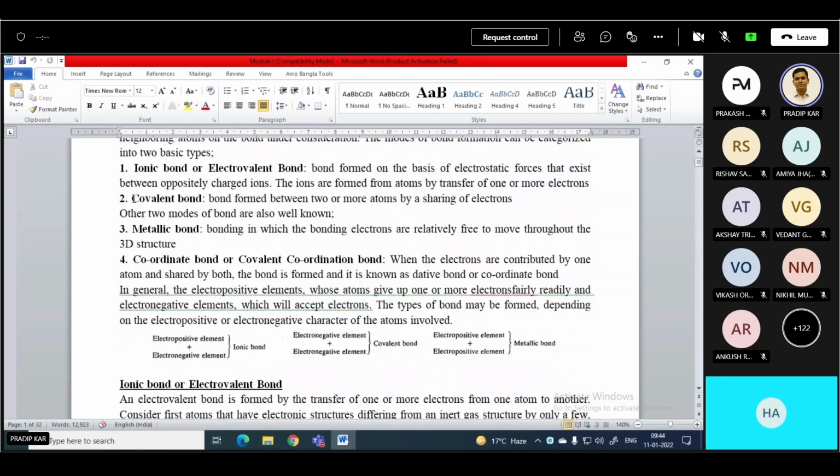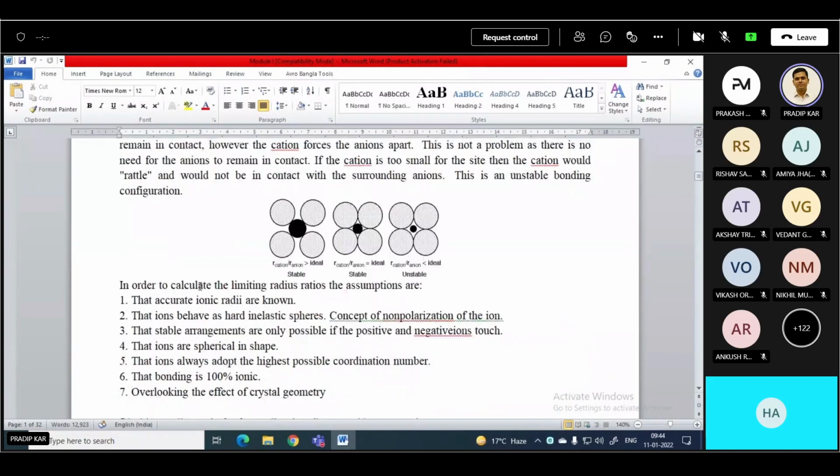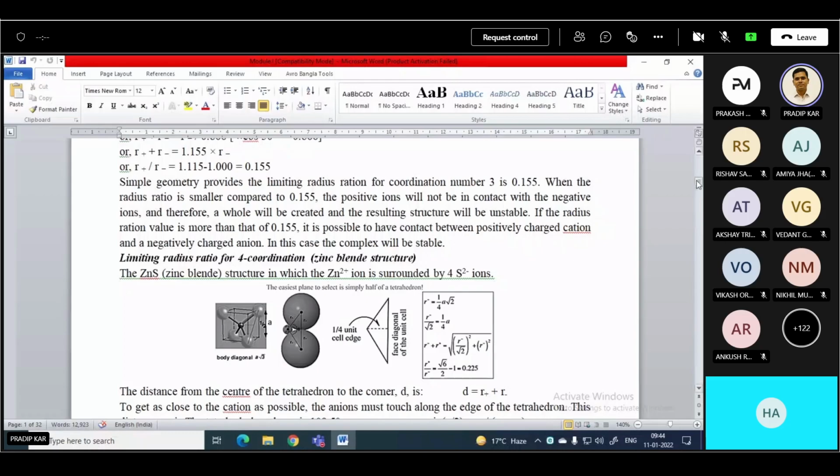Covalent bond we will discuss in the next chapter, as it is most common for organic compounds. Now we are discussing the fourth type, the coordinate covalent bond.